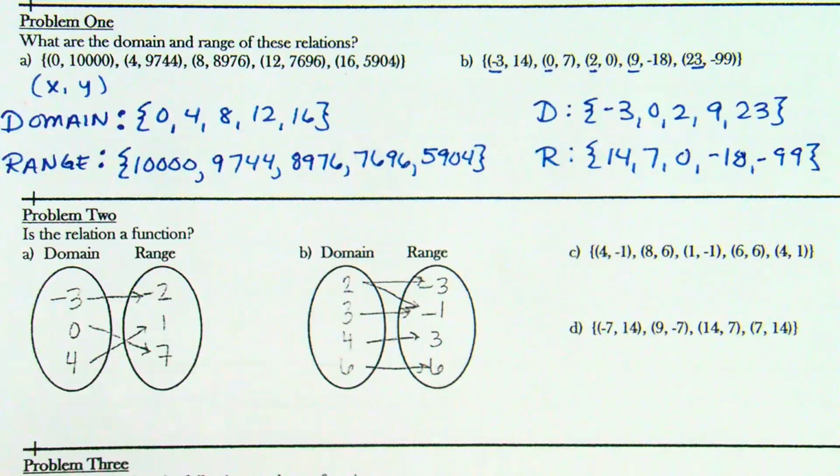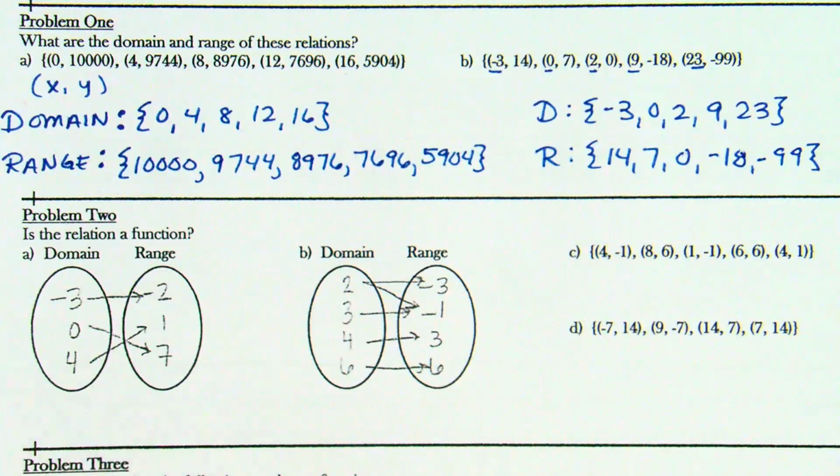Now we're going to start talking about, is the relation a function? In problem 2, we're looking at some mappings and then some ordered pairs. When we get down to problem 3, we'll talk about graphs. Are you guys familiar with the mappings type situation? Each number in the first grouping is paired with some number in the second grouping, and it's just following the lines.